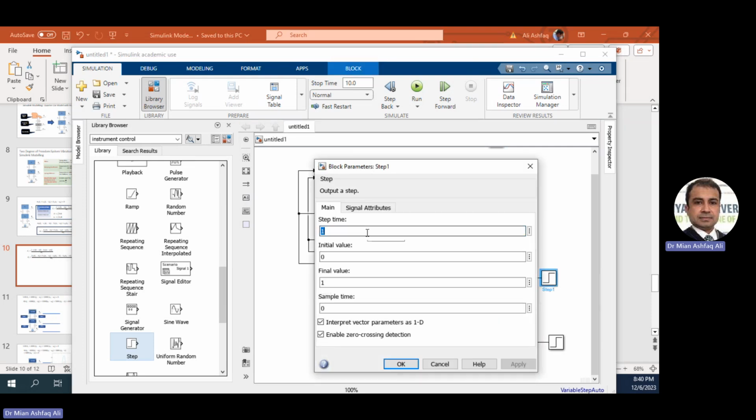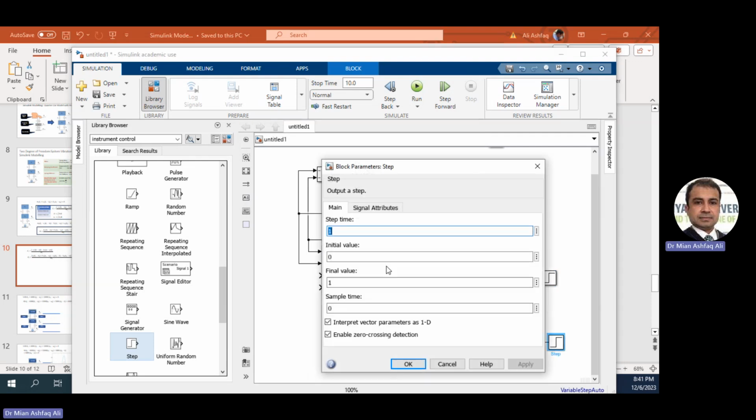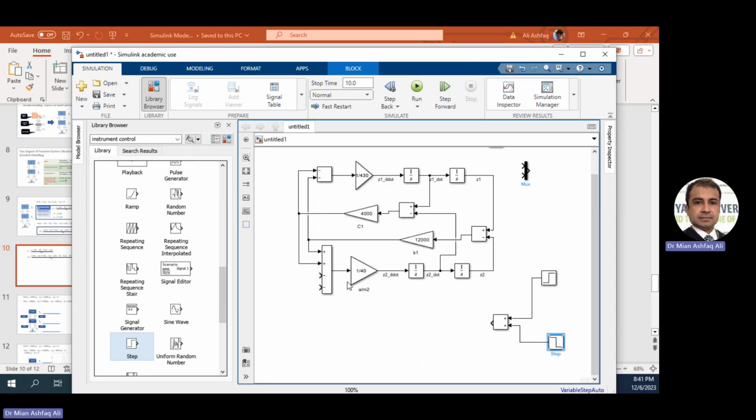So let me use a step time of 3 seconds, and the initial value is 0 and the final value is 0.01. And for the next one, the initial value is 0 at 4 seconds, and it will change to minus 0.01. So this will actually produce a step input, and then we can take the derivative of this block.